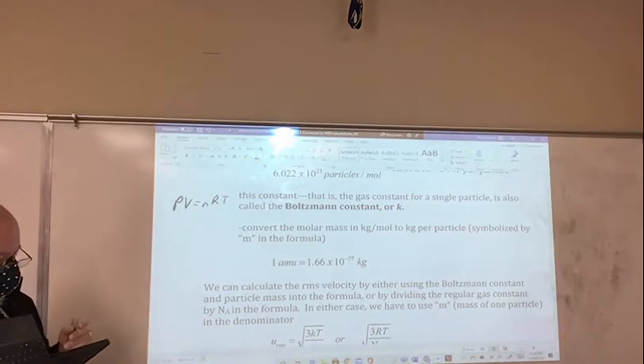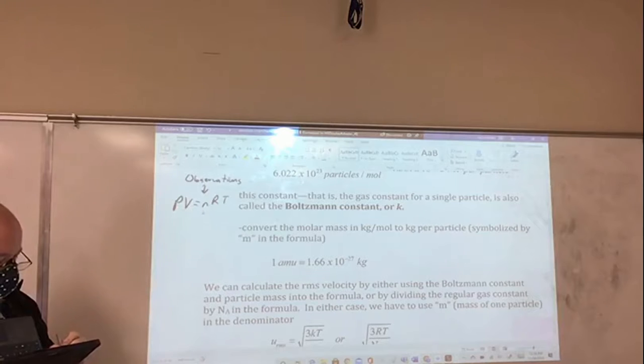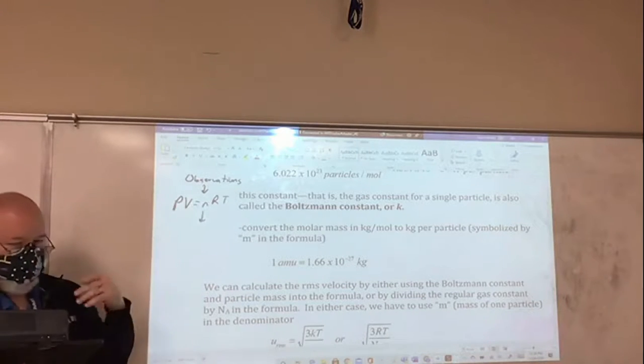So, and this is the way that science works again. We make observations, and then we create a mathematical law that describes these observations, but the mathematical law is just a mathematical law.